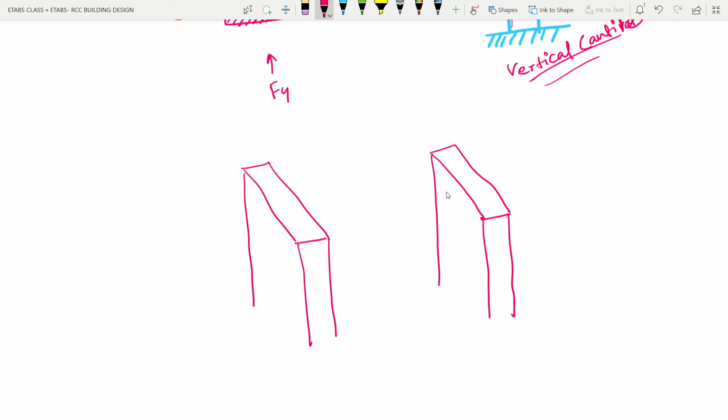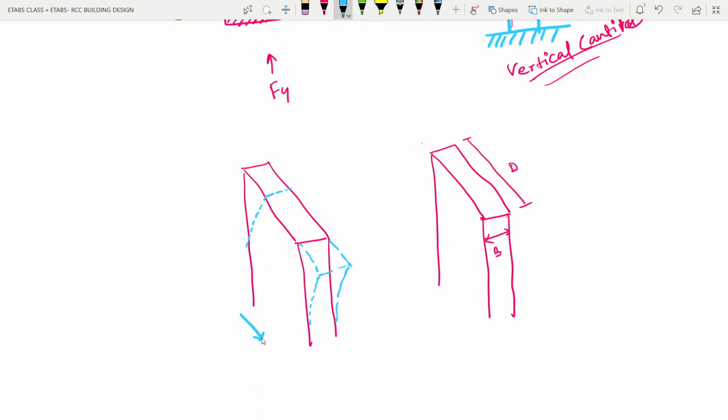So for shear walls, as we have very little dimension in this direction, the thickness, and a higher dimension in this direction as the depth, I will just write it as B and D. So obviously along this D, the depth, it will have higher stiffness, along the B it will have less stiffness. So this shear wall is strong enough for this kind of bending, the bending which is happening in its own plane.